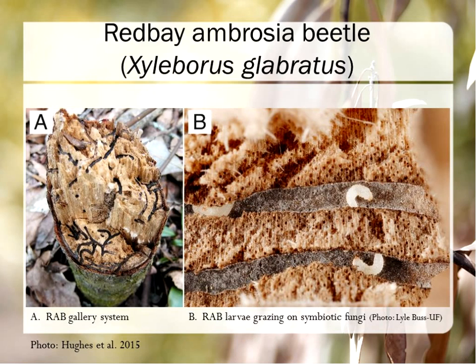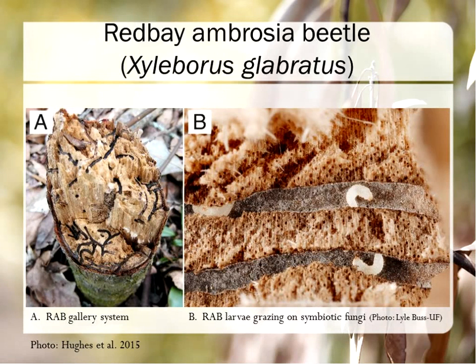Okay, so now we'll go into the redbay Ambrosia Beetle itself. So the vector, the insect that transmits this disease is called the redbay Ambrosia Beetle, and it's Xyleborus glabratus. That is the species name. And if you were to cut a tree in half and look at a cross-section, what you'll see is all these little galleries, and these are the tunnel systems that they make within the wood.